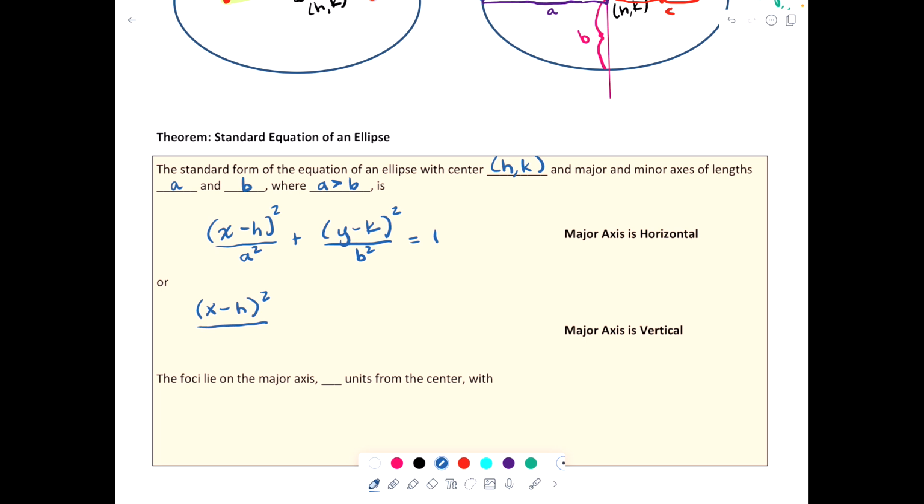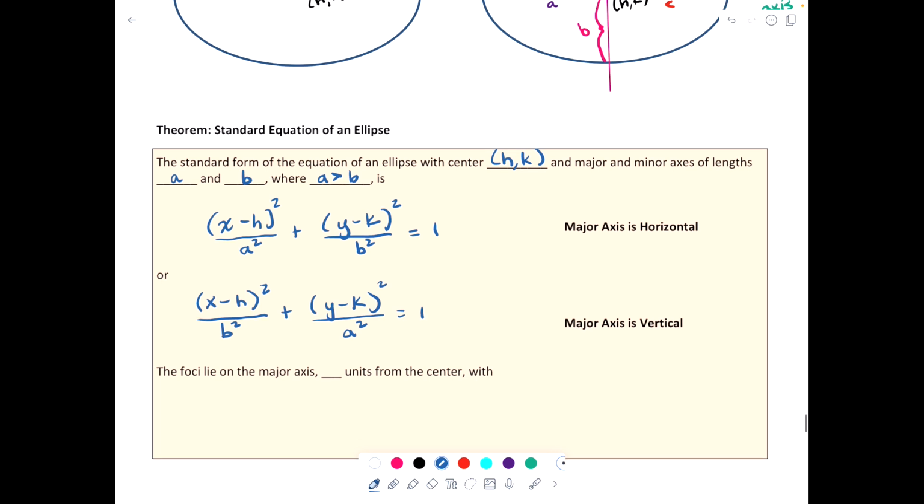If the major axis is vertical, you can write it the same way. The h always goes with the x, the k always goes with the y, but this time b squared will be under the x and a squared will be under the y minus k quantity squared. The foci lie on the major axis, c units from the center, and remember that c squared is a squared minus b squared.